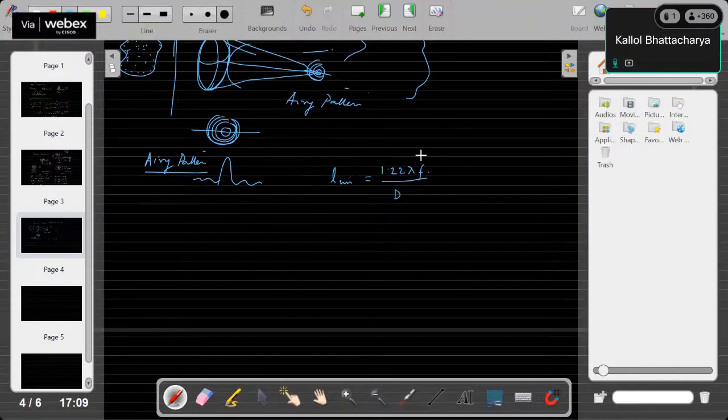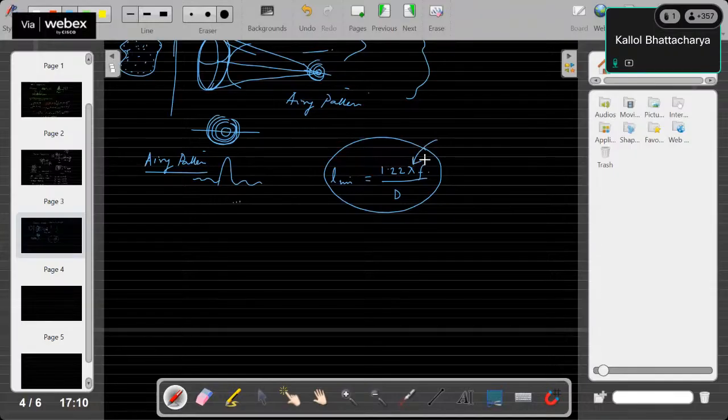But this very simple relation, which is easily derived from the Airy pattern, has a tremendous implication. For example, what is our target? To get good imaging, we need to minimize L minimum, right? The lesser the value of L minimum, it means we can resolve smaller and smaller structures. And how do we do that? By reducing lambda.